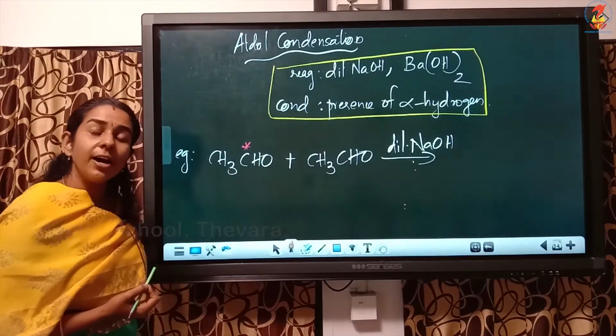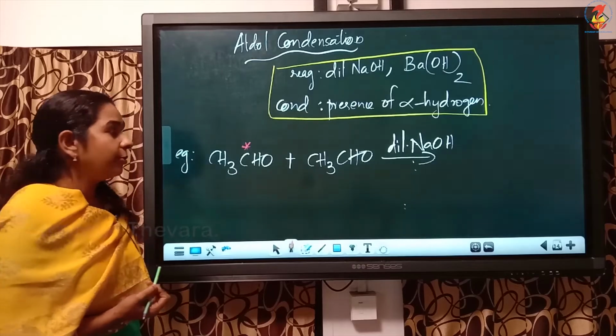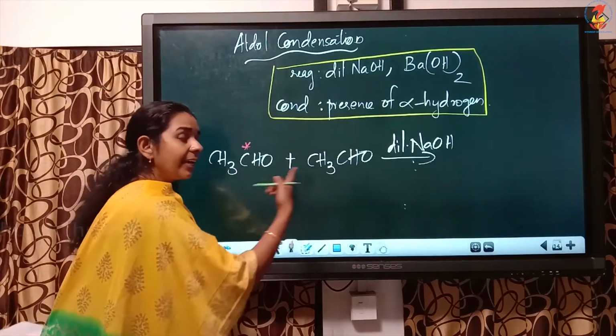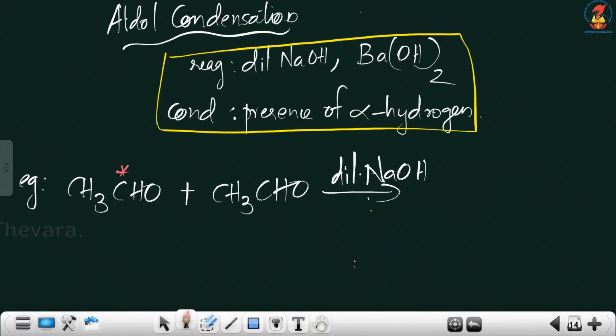Then in the second molecule mark the alpha carbon. This is the functional group and this is the alpha carbon, using a star mark.